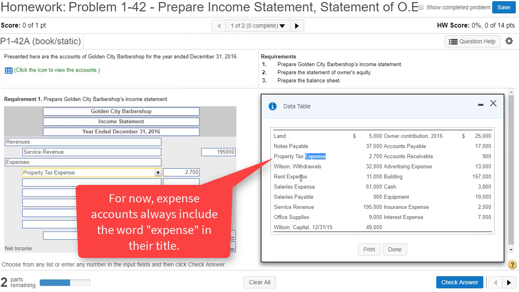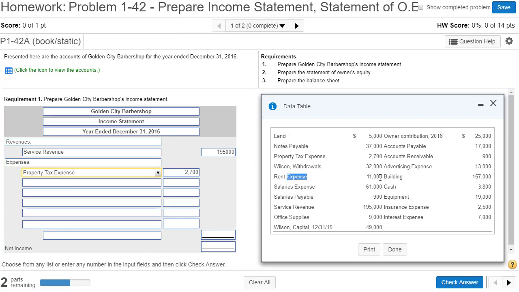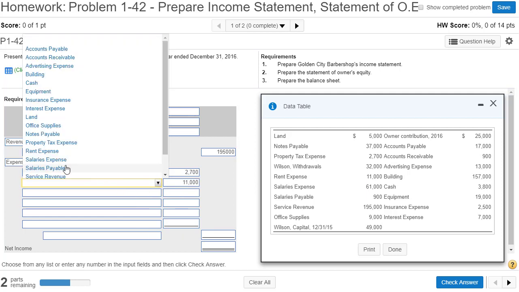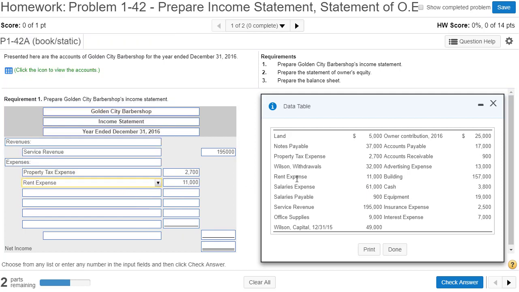And after property tax expense, we have rent expense for $11,000. Copy and paste, or just type it in there. Rent expense. And after rent expense, we have salaries expense, $61,000.